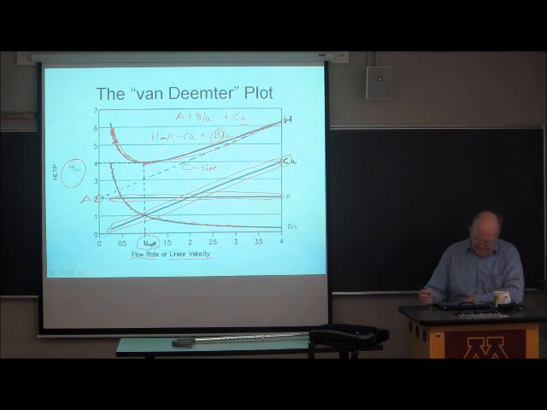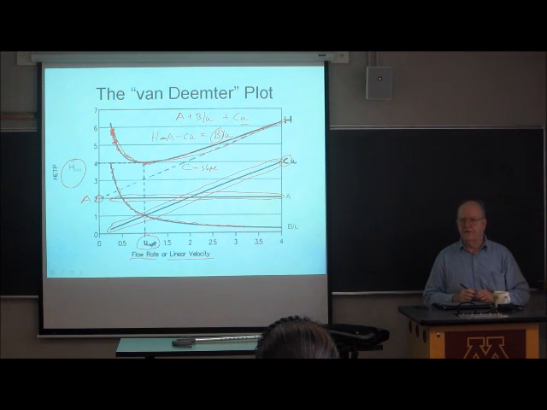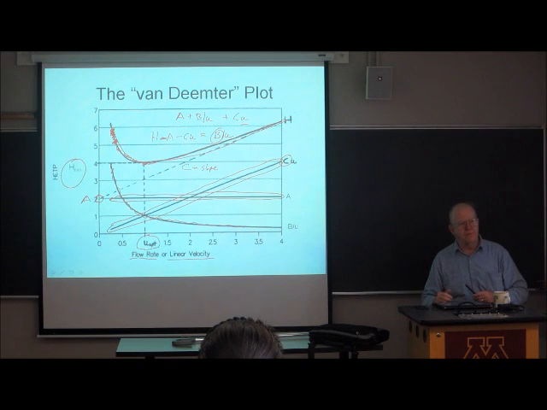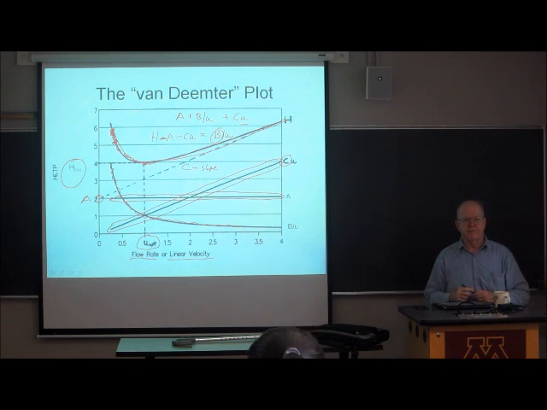Now, the way people normally do their work is they take a few points on the curve, 5, 6, 7 points, and then they fit the curve to the Van Deemter equation. And then you have a little least squares program, a multivariable least squares program, but still nonetheless a least squares program. And it calculates for you the fitting coefficients A, B, and C.